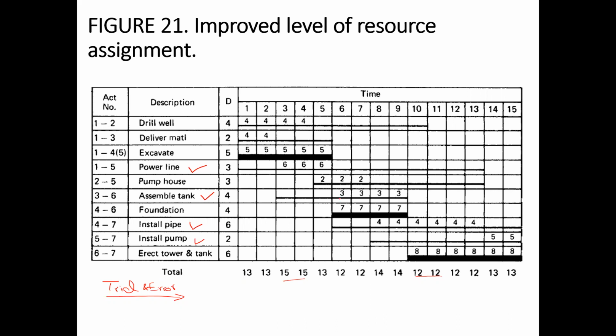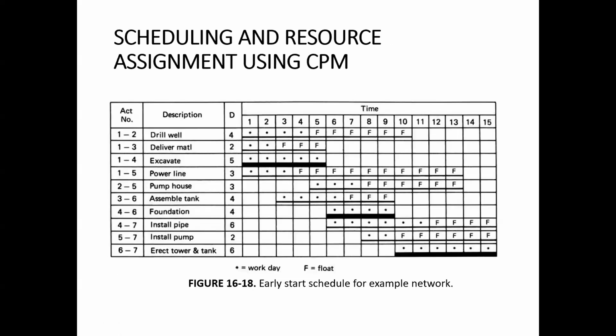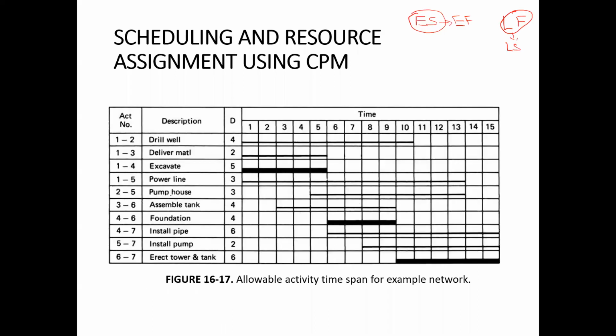So by trial and error, you move certain activities within their float. And also you have to keep the logic of the network. So for example, if you move power line over here, let me go back to this figure, because the bar charts do not show the logical relationship between the activities.